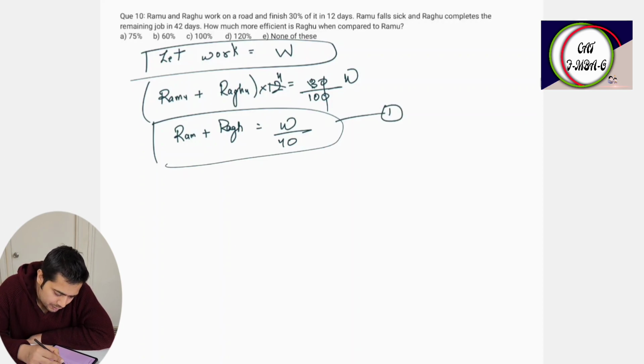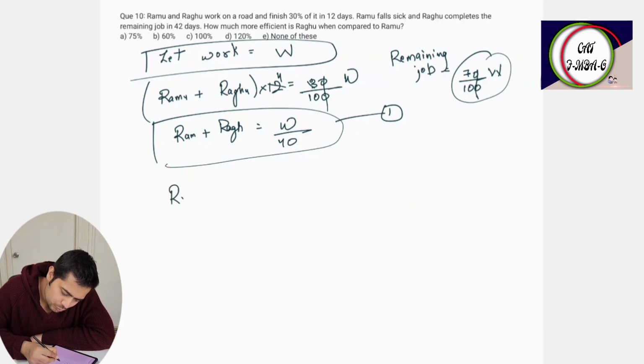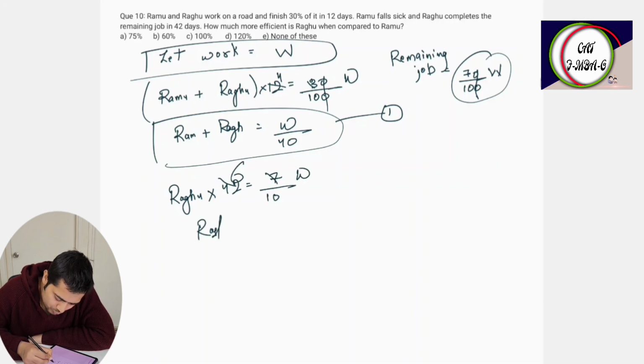Ramu falls sick and Raghu completes the remaining job in 42 days. What is the remaining job? Remaining job is 70%. So Raghu into 42 is equal to 7 by 10 W. So Raghu is equal to W by 60.